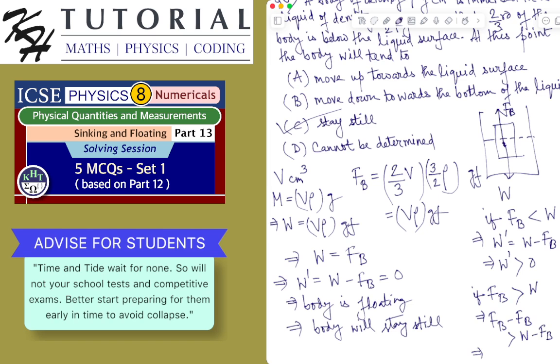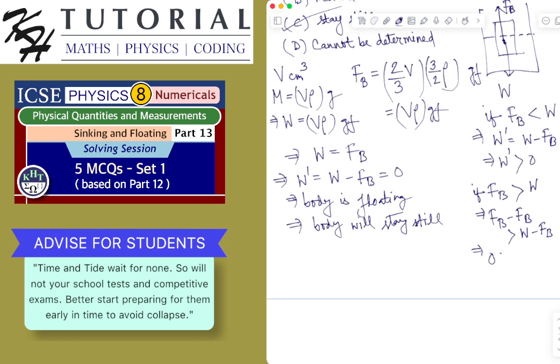This implies that FB minus FB, which is 0, is greater than W minus FB, which is W dash.